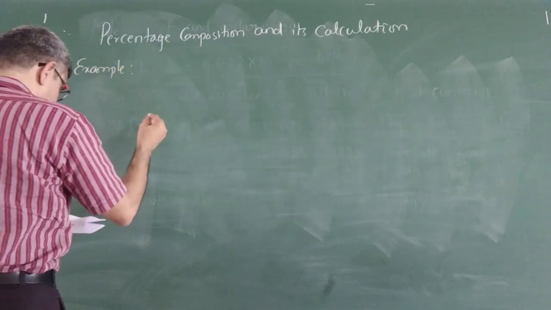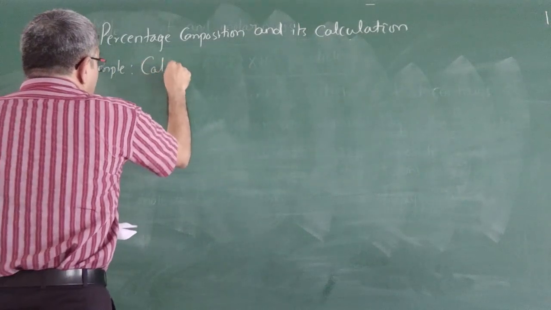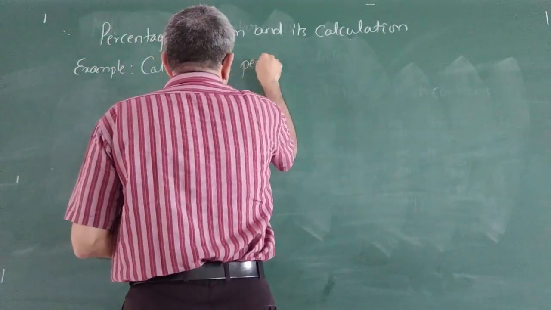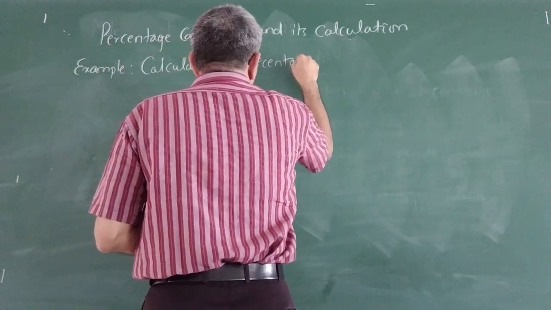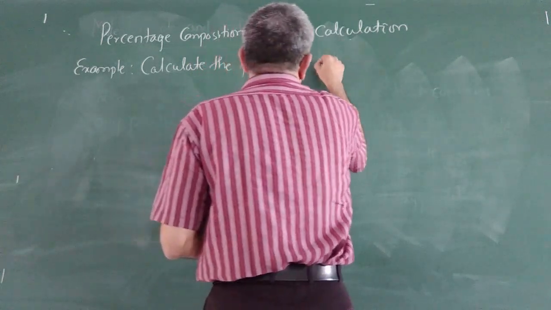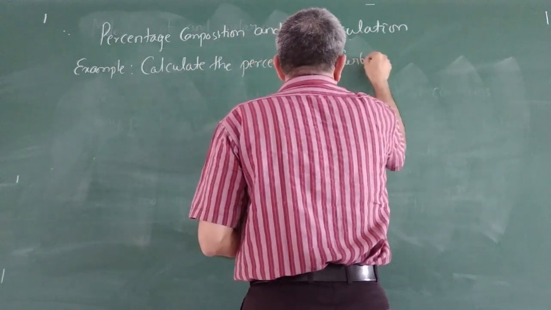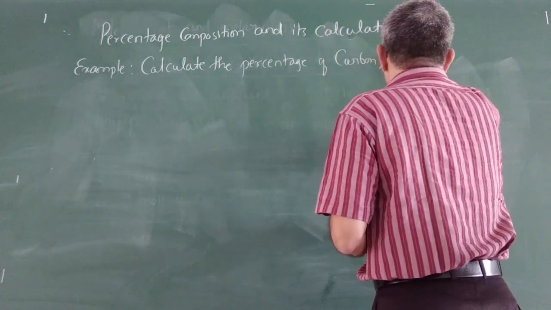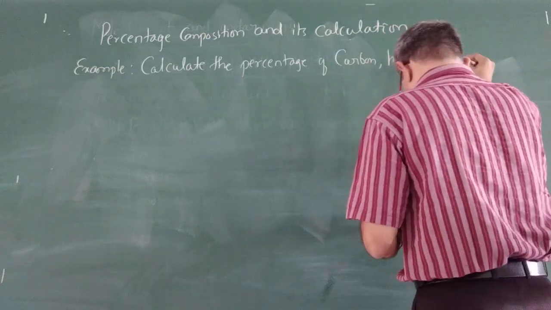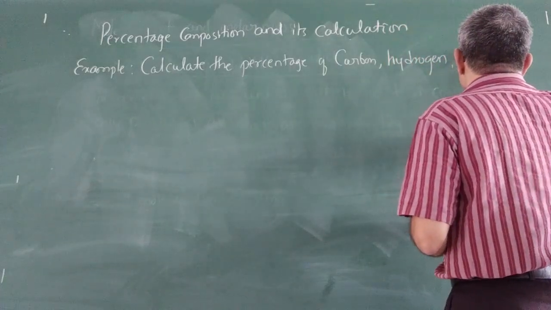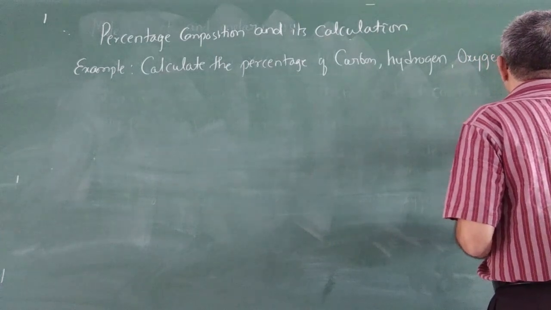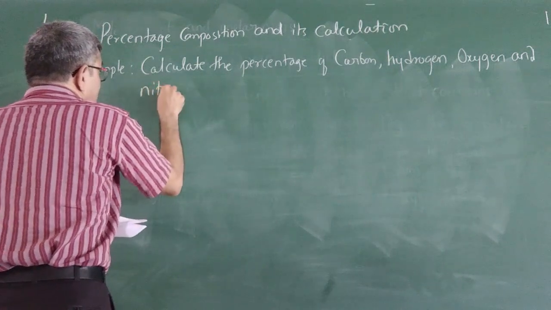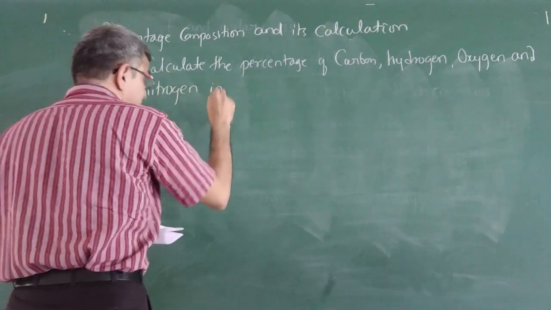Example: calculate the percentage of carbon, hydrogen, oxygen and nitrogen in acetamide.